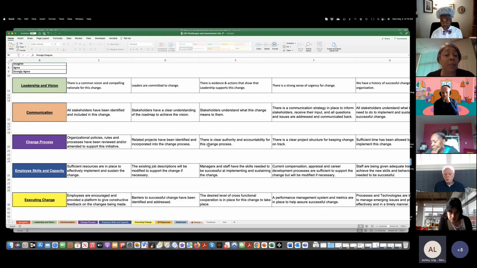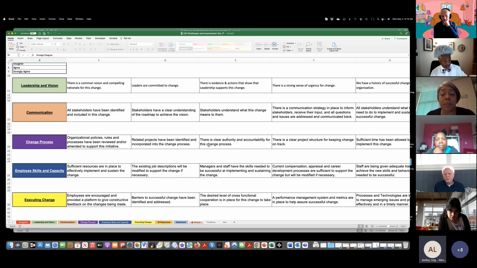Roxy Patterson has a hand up. Good morning. I had a question similar to what Ramona was just mentioning. I was wondering, can you choose your groups, or which groups would be good to use this with?